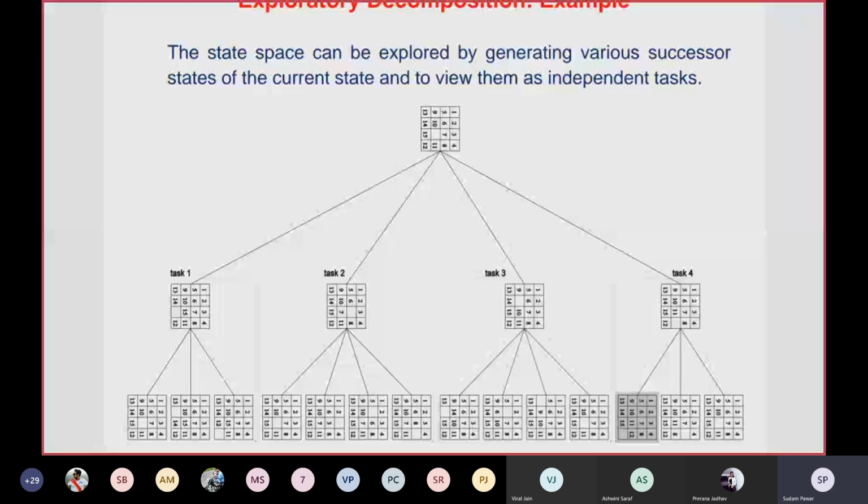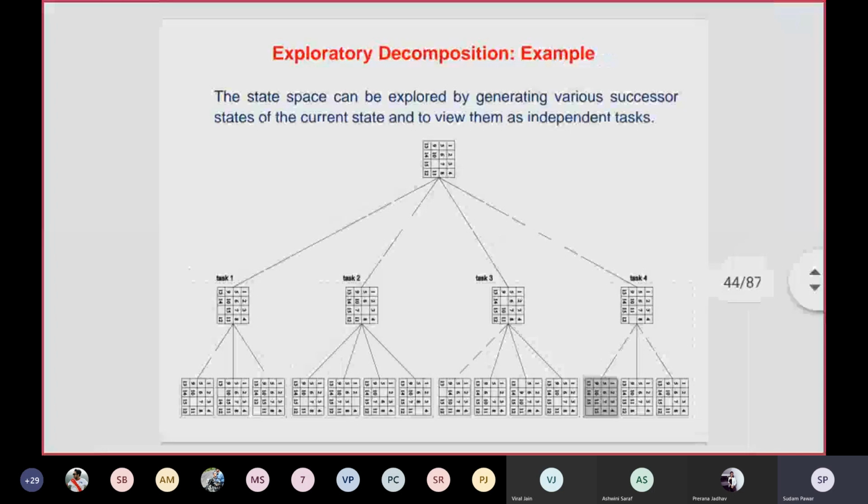So in this way exploration will be done, and you have to search for the solution state in a given state space. So task 4 followed by the substate will be your resultant state in the current example.